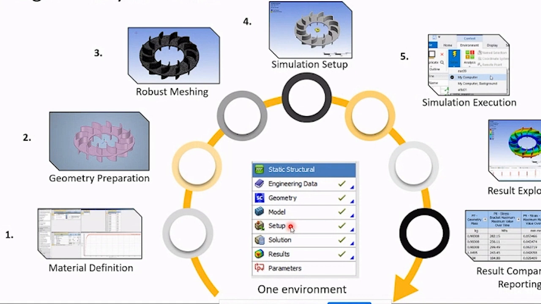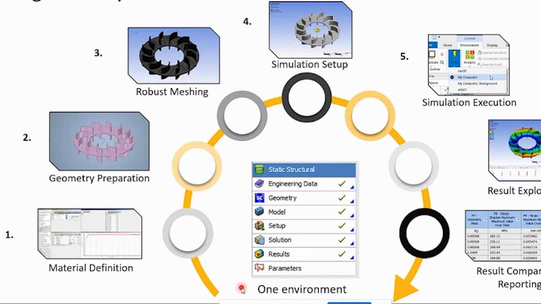Then simulation setup is under setup. So setting up means you have to define the loads and the supports. Then solution is basically solving the analysis, and results is basically post-processing, like checking the results. Like you can plot the contour of stress or strain or deformation. So this is the simulation workflow. Finally, parameters. So parameters help you to run design iterations.